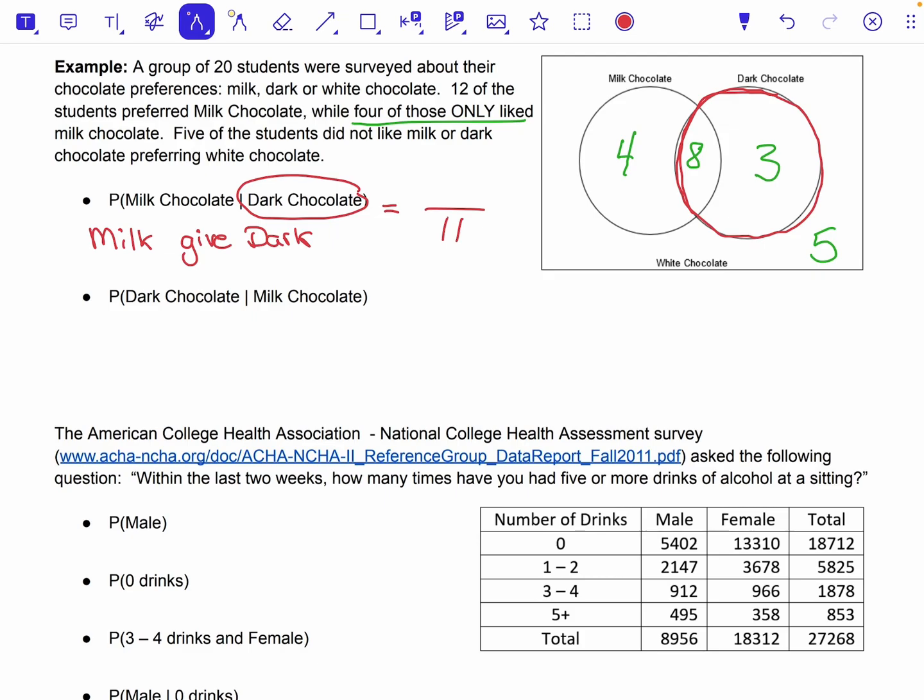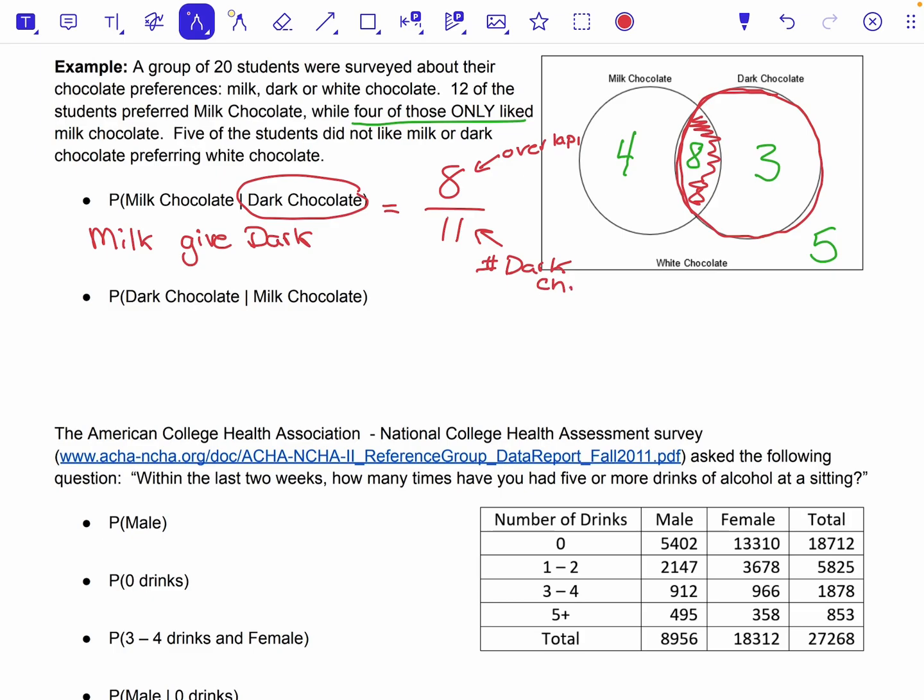Of those 11 kids, 8 liked milk chocolate. So the number of people who liked dark chocolate who also liked milk chocolate was 8. Think of that as your overlap. And then the number down below was the number of dark chocolate lovers. So do you see why we did all that practice last week?